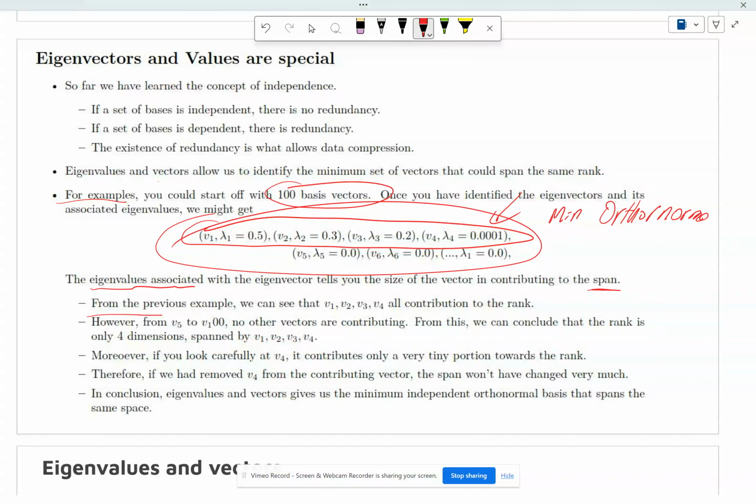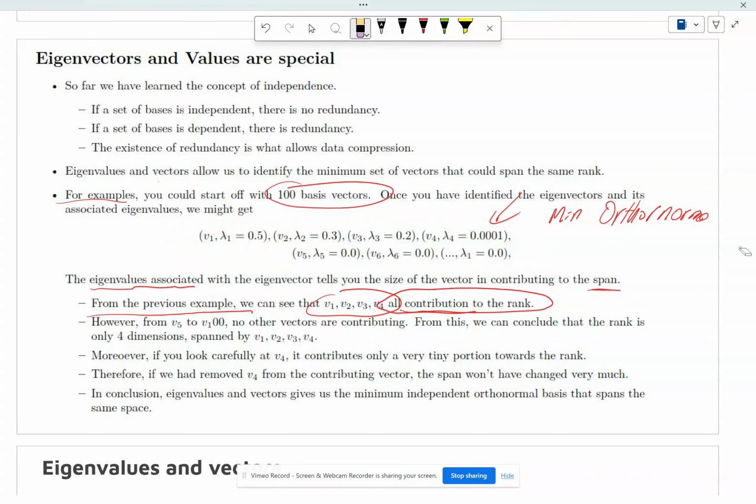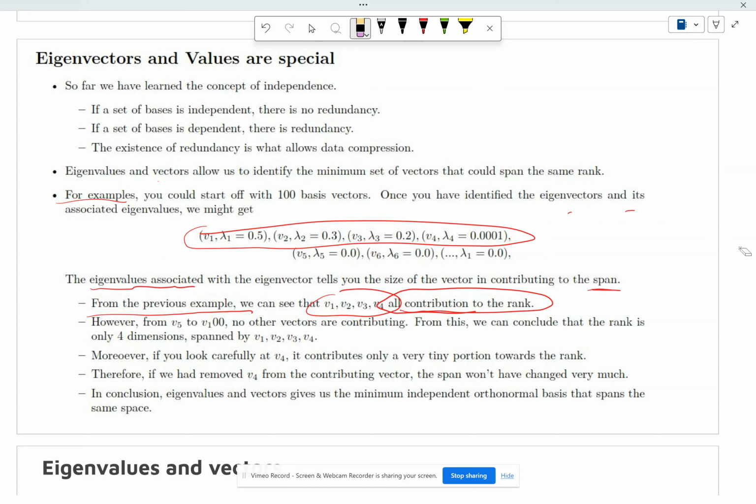From the previous example, we see that V1 to V4 all contribute to the rank, whereas V5 to V100 are not really contributing. From this, we can conclude that the rank, the dimension spanned by this set of 100 basis vectors, is really just 4.